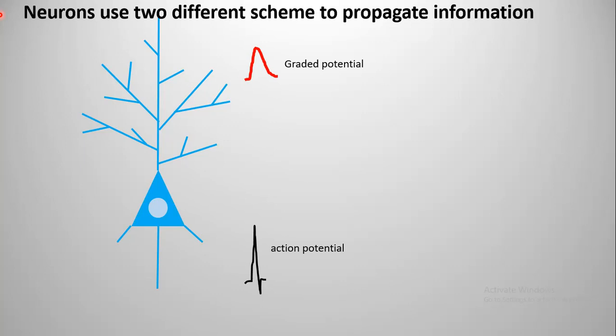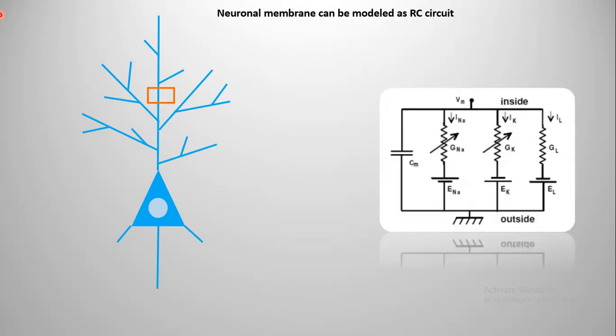And graded potential is also very important like action potential, because graded potential can give rise to specific advantages for a functional circuit to code information. And all these things I would be discussing in my subsequent videos.